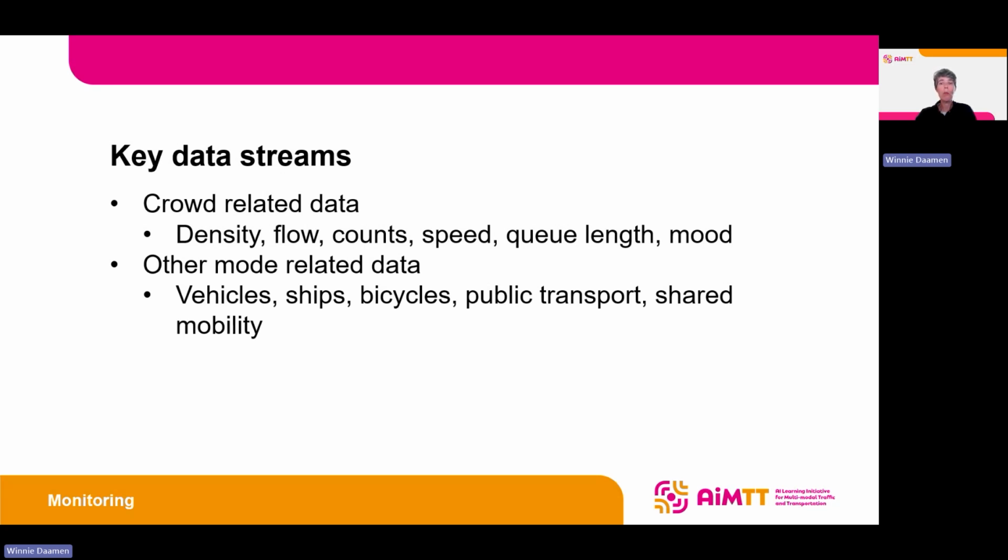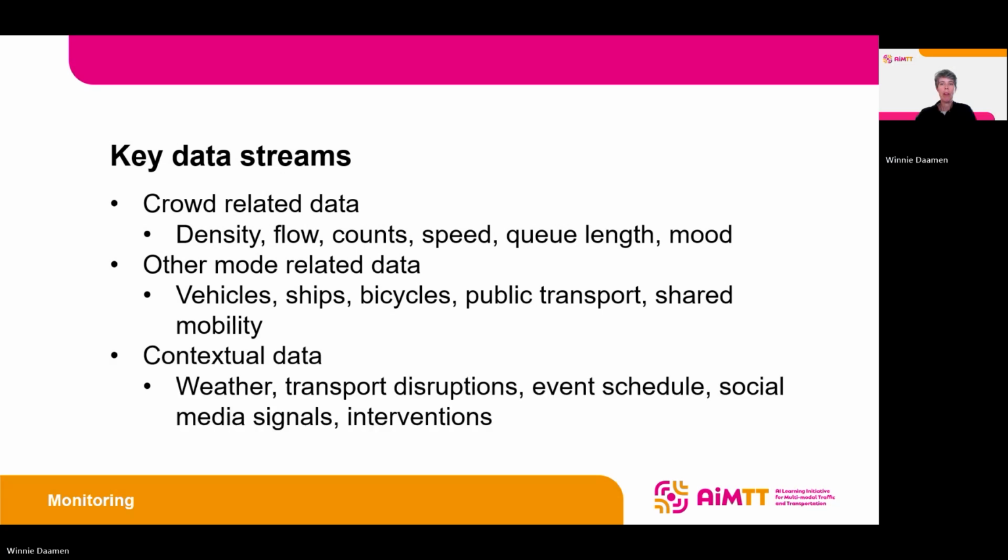Think of vehicles, bicycles, ships, public transport, and shared mobility. All these modes interact and thus affect crowd behavior. And finally, we have contextual data. These contextual data often explain why the crowd behaves the way it does. Examples are weather, transport disruptions, event schedules, social media signals, and interventions.